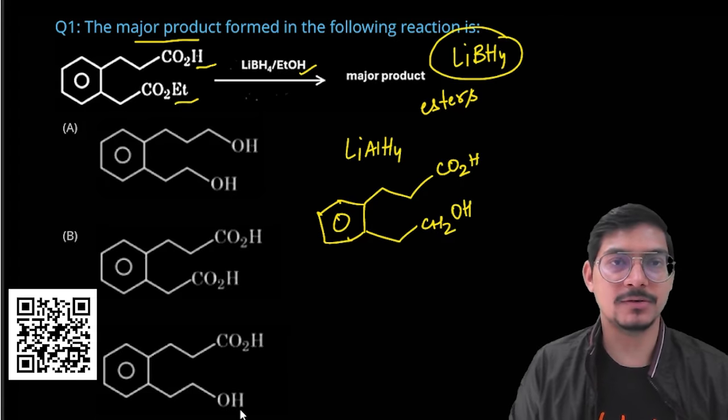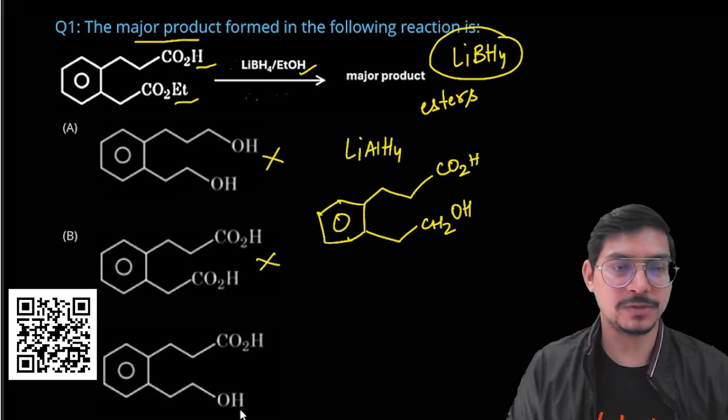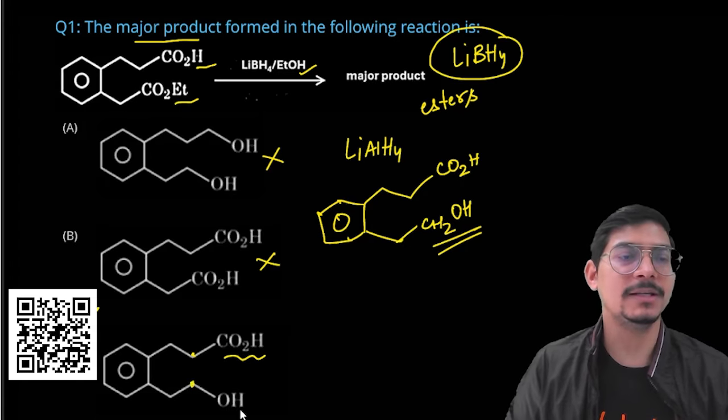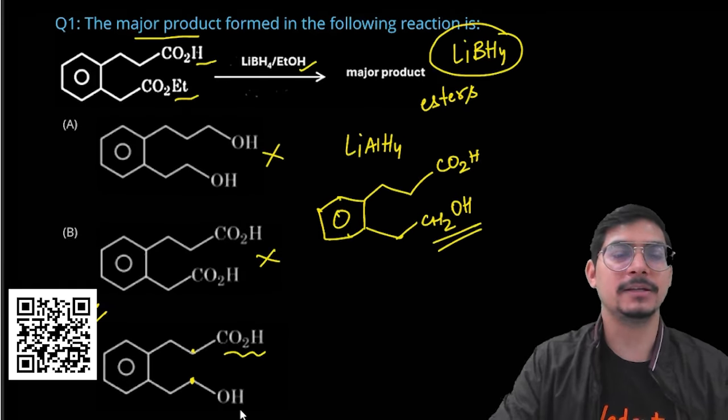Now let us see, this does not make sense, option A, and both functional groups being converted to carboxylic acid would also not be correct. In option C, we have the carboxylic acid unreduced, whereas the ester functional group is reduced to a primary alcohol, which is CH2OH. So option C is the correct answer to this question.